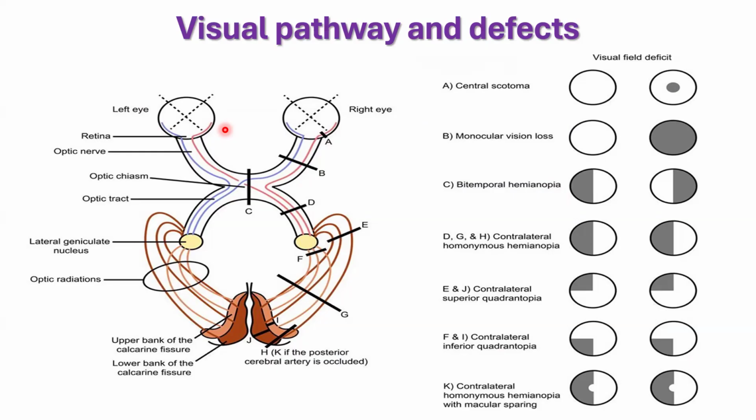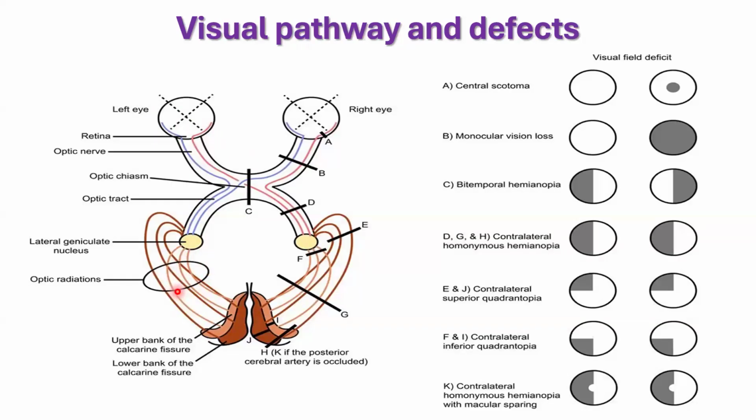Then at this point, you can also try to draw the visual pathway and some of the disorders that can come across when you have a lesion affecting either the eyes themselves, the retina in the eyes, or the optic nerves, or the optic chiasma, or the optic tract, or even the lateral geniculate nucleus, the optic radiations.